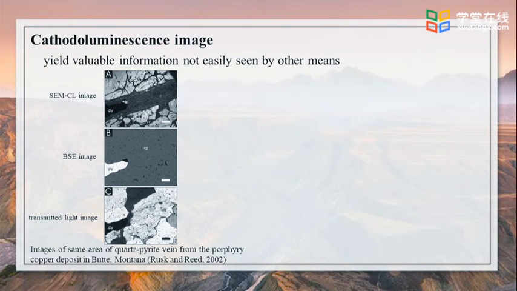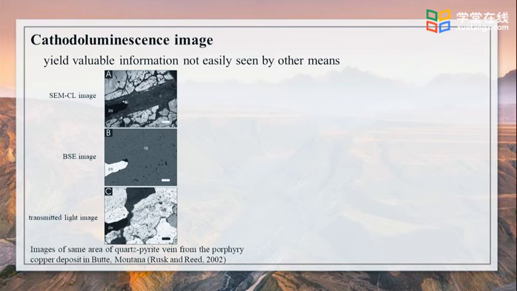Comparison of these images shows that SEM-CL analysis reveals unique textures in vein quartz from porphyry copper deposits. The SEM-CL image shows that at least 2 generations of quartz are present: CL-dark quartz and pyrite filled fracture in CL-bright quartz that was precipitated during an early hydrothermal event.